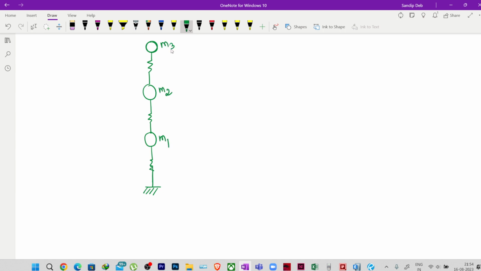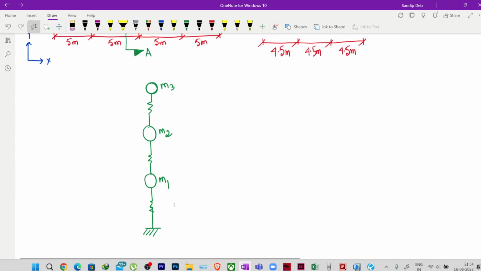When we do seismic analysis, we consider the structure as a lumped mass system. Correct. We consider that all the mass for a particular story is concentrated at a point at the floor level, where we have the diaphragm or slab, and at every story, whatever stiffness is provided by the vertical elements, we consider it, suppose k1, k2, and k3.